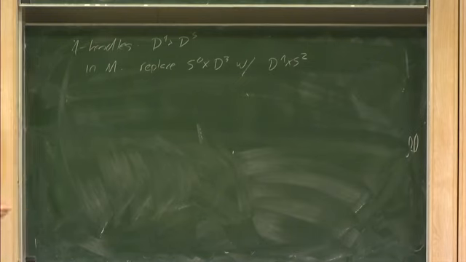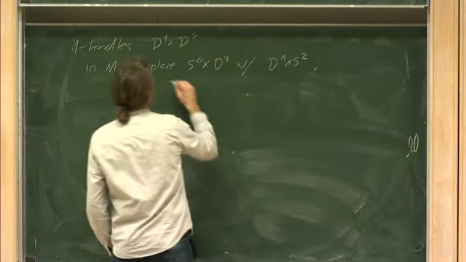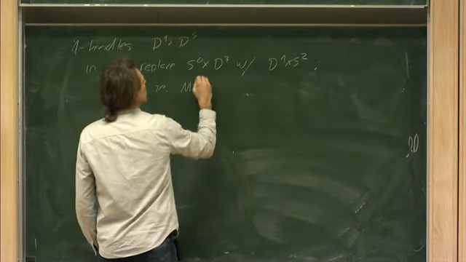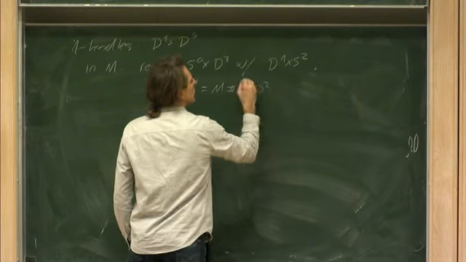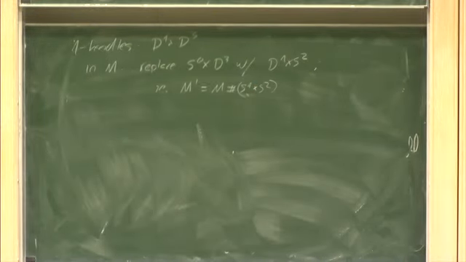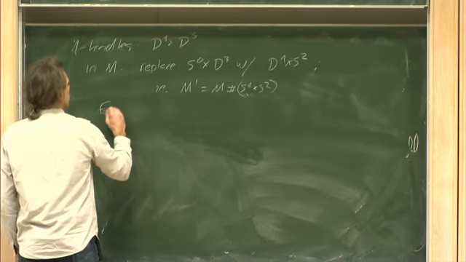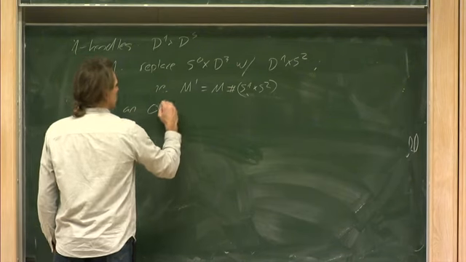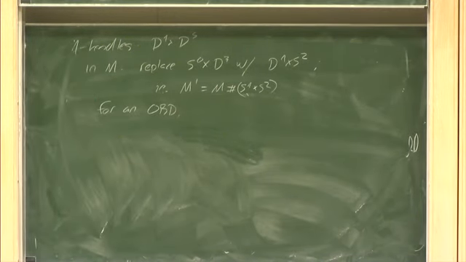So we're just taking a connect sum with an S1 cross S2. So M prime is M connect sum S1 cross S2. And if you go back to this first open book decomposition example I gave you yesterday, you can work out that for an open book decomposition, this is just adding a two-dimensional one-handle to a page and extending the monodromy by the identity over it.